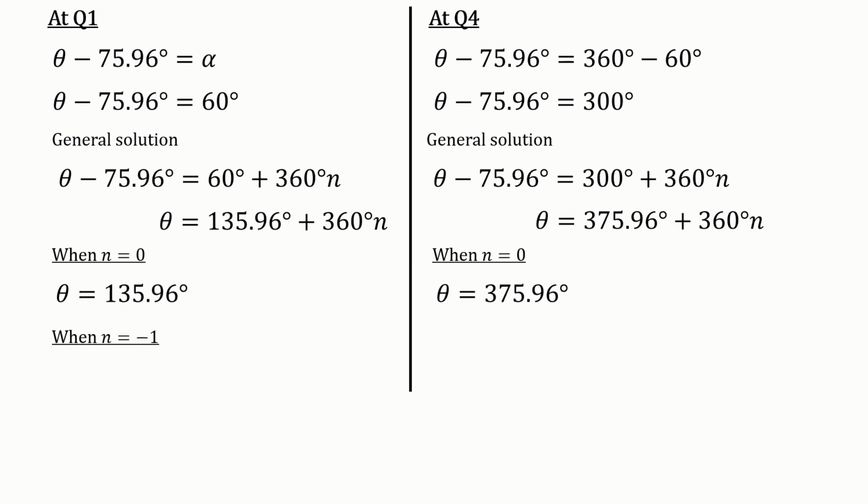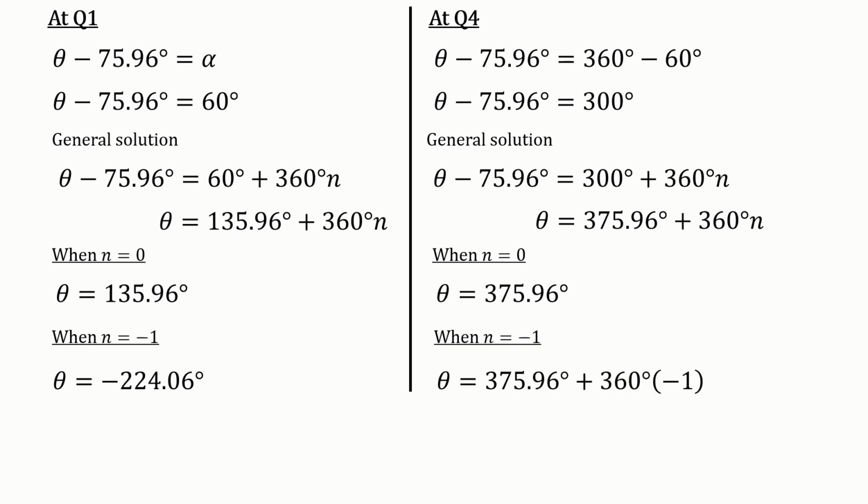When n equals negative 1, theta equals negative 224.04. And when n equals negative 1 in the fourth quadrant, theta equals 15.96. Alright, from these four values, we need to verify using the range of theta.